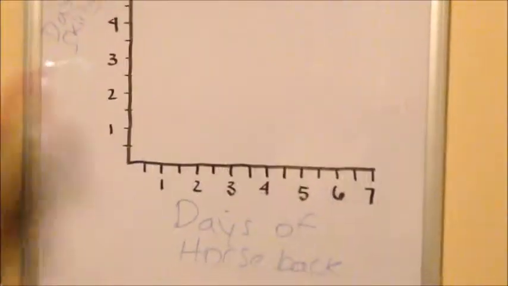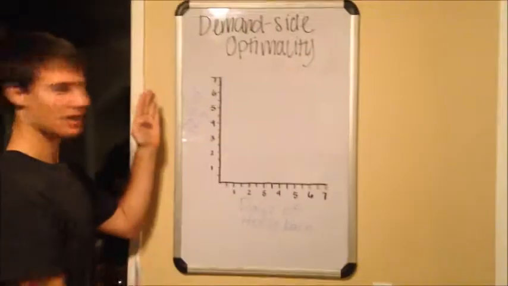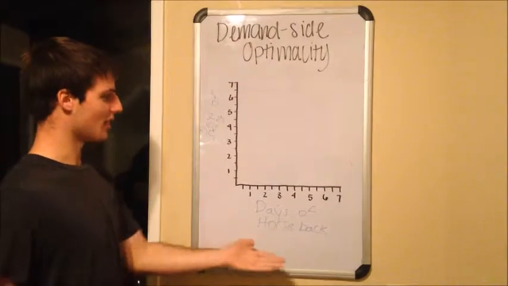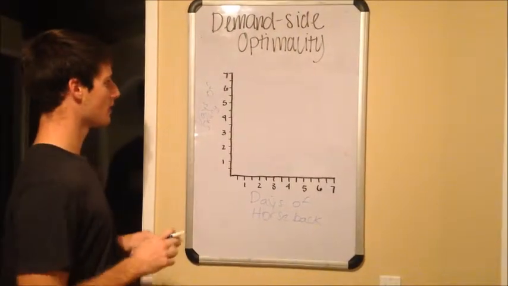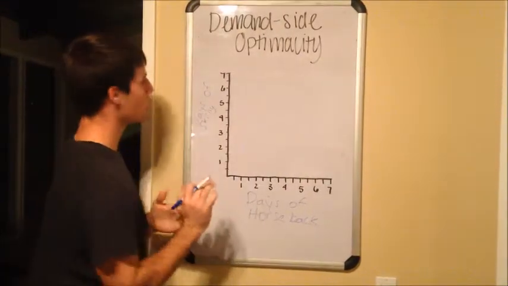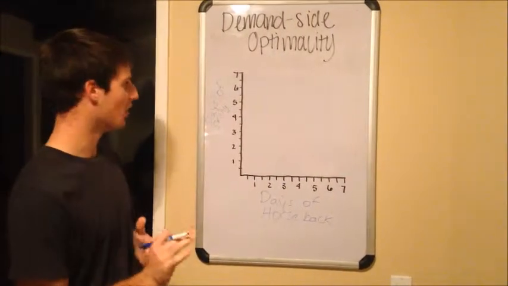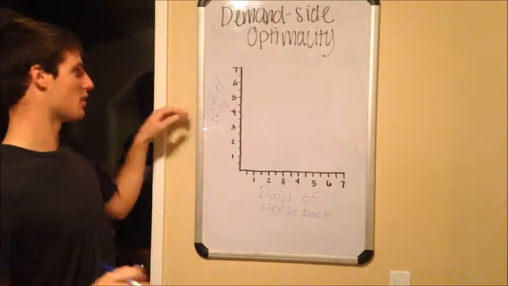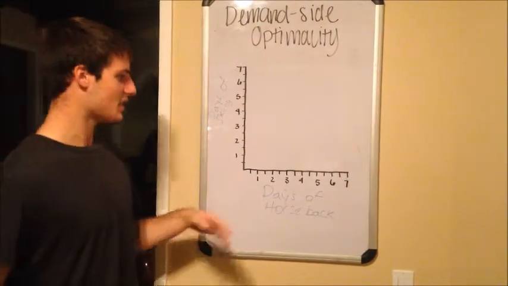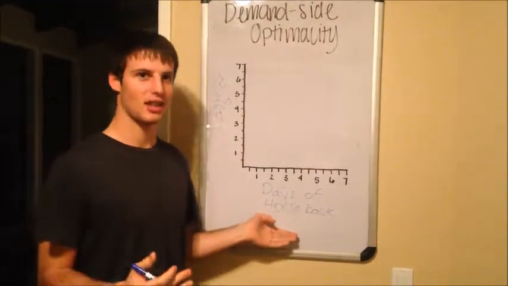So, this represents the days of skiing that we can do per month, and this represents the days of horseback riding we can do per month. So, we were given a budget of $50. Each day of skiing costs $10, and each day of horseback riding costs $10.